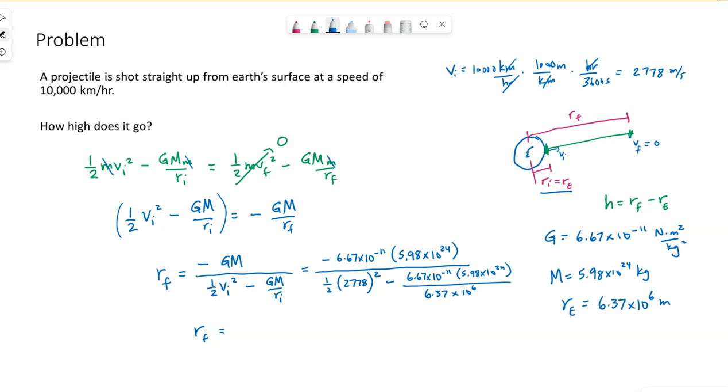Okay, so R final, if I have plugged these numbers in correctly, now again, I don't know anything this accurately, but just to write something down at the moment, h, the actual how high it goes above the surface of the Earth, we need to subtract off the radius of the Earth. So I'm getting 4.2 times 10 to the 5th meters.